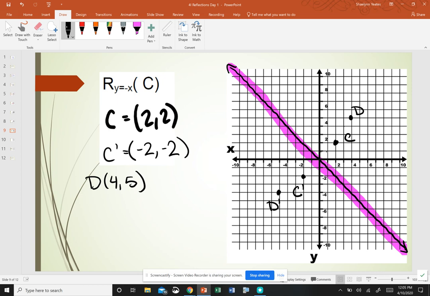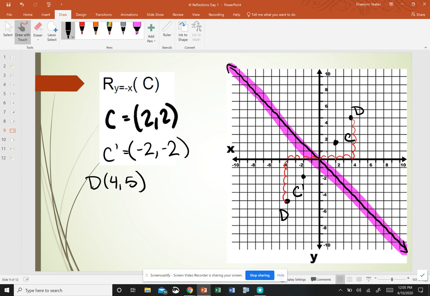So D prime. If you look, we were originally down 1, 2, 3, 4, 5, and then over 1, 2, 3, 4. Well, this time we are over 1, 2, 3, 4 and down 1, 2, 3, 4, 5. Isn't that kind of cool?